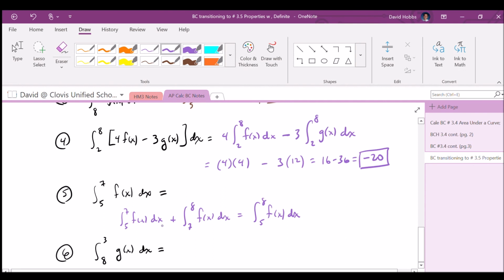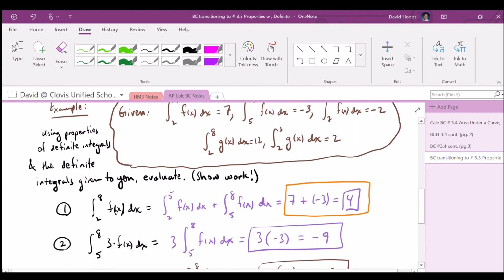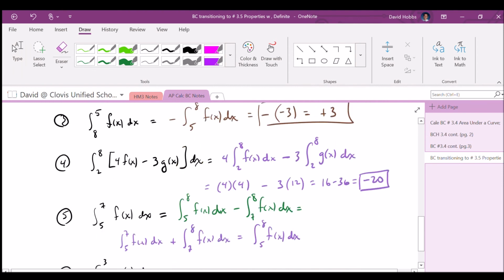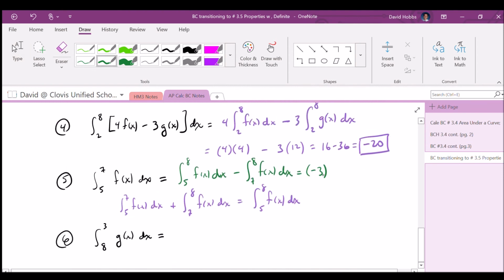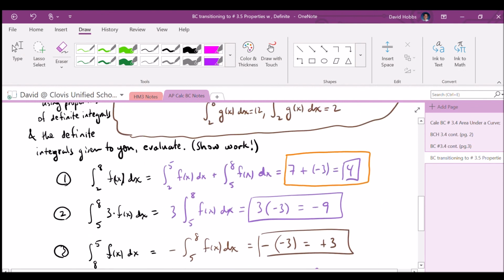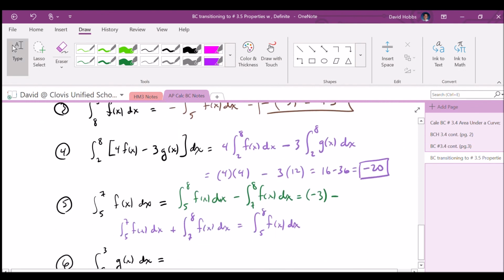Now we want the 5 to 7, so what would we do? Wouldn't we subtract the 7 to 8? So the 5 to 7 is then 5 to 8 minus the 7 to 8, and the 5 to 8 of f is -3, minus the 7 to 8, which is -2, and so -3 minus a -2, so -1.